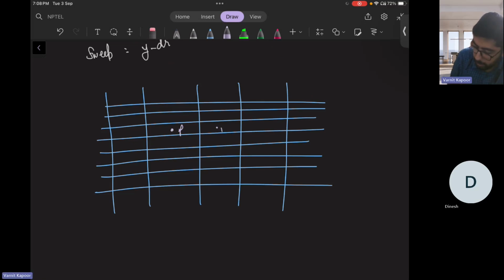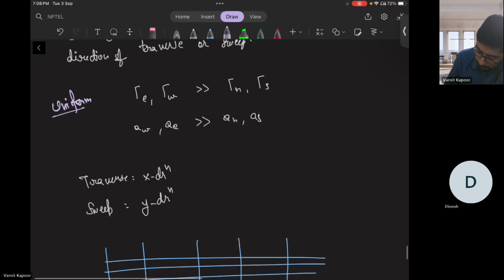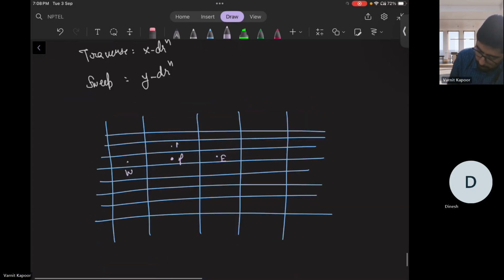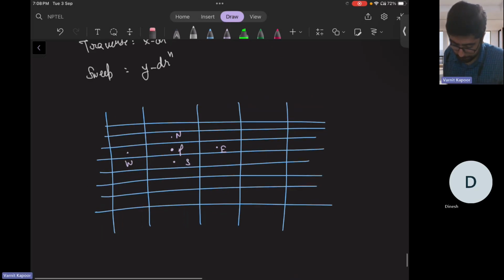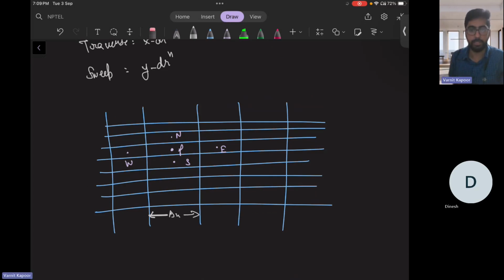So this is the east node, this is the west node, this is the north node. Suppose this was your del X, the whole cell X direction is this much. This is del Y. Del X to del Y is quite non-uniform.